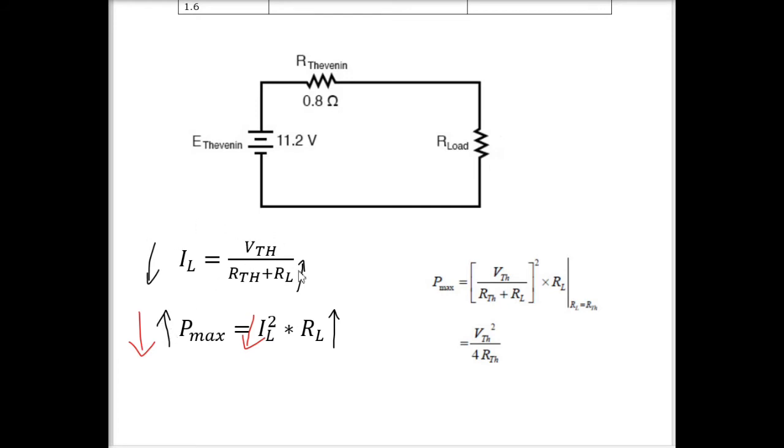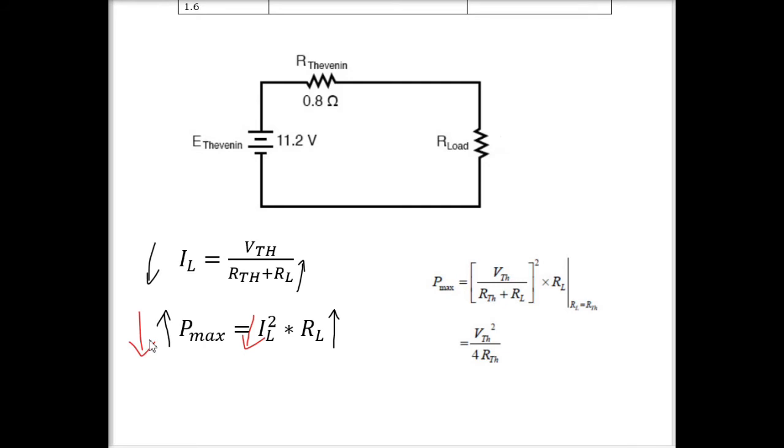But this equation is also legit, right? When you have the RL increasing, then you have the IL decreasing, because they are inversely proportional over here. And when IL decreases, if you come back to this equation, IL is decreasing, that means this is also directly proportional to P max. So P max is gonna decrease as well, right? So it's kind of contradictory, isn't it?